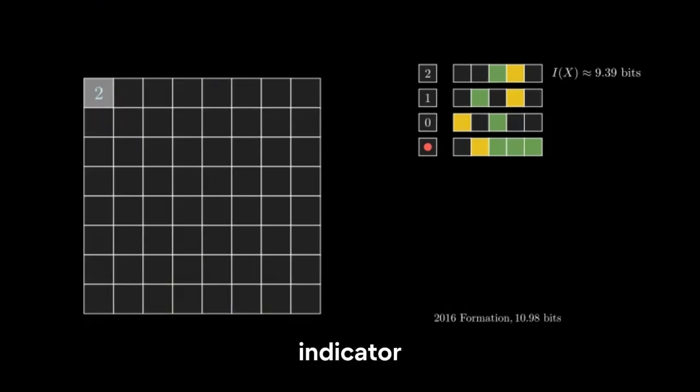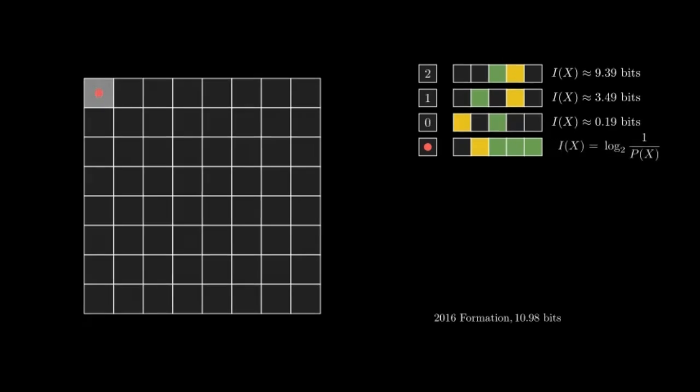With an indicator of number 2, there are only 3 configurations of mine layouts left, giving you 9.39 bits worth of information. For indicator 1, you get 1770 configurations of mine layouts, giving you 3.49 bits worth of information.